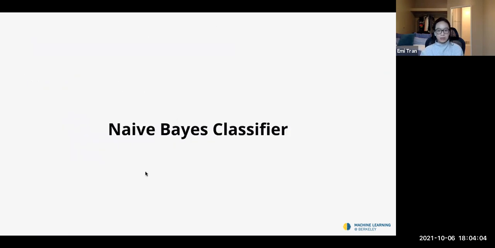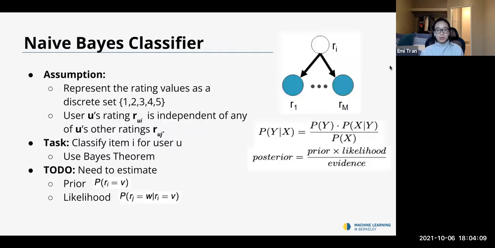So let's go into the naive Bayes classifier. Just a refresher on what naive Bayes was in week 2. Naive Bayes was focusing on these two equations down here, which I copied from my week 2 slide.